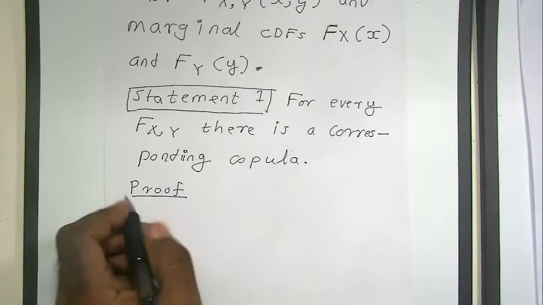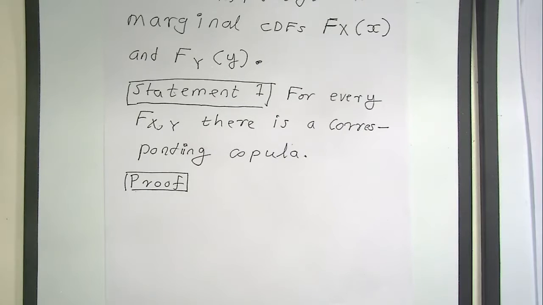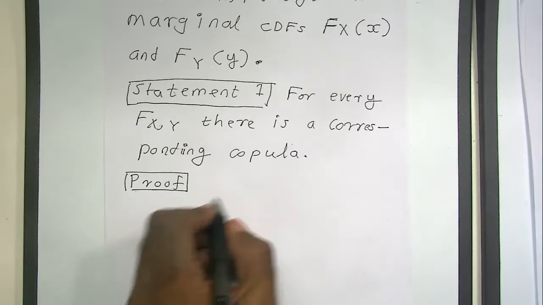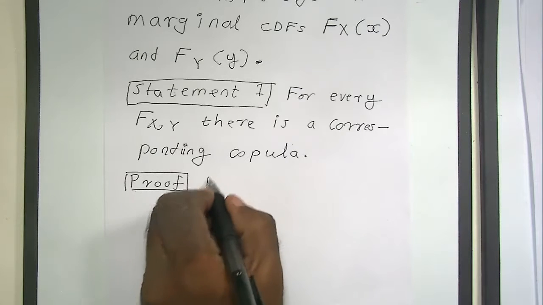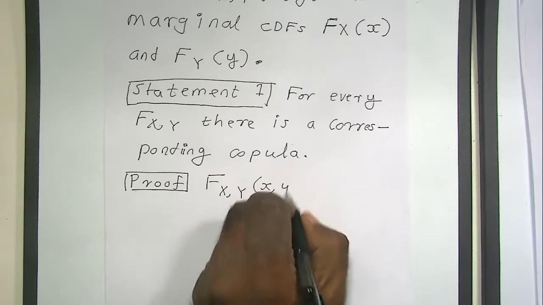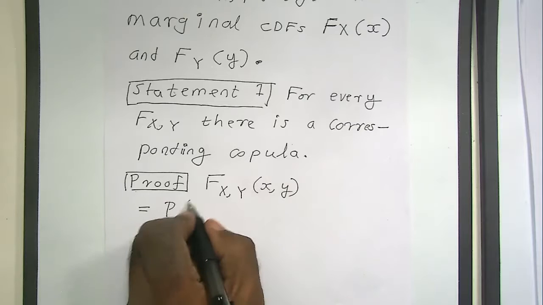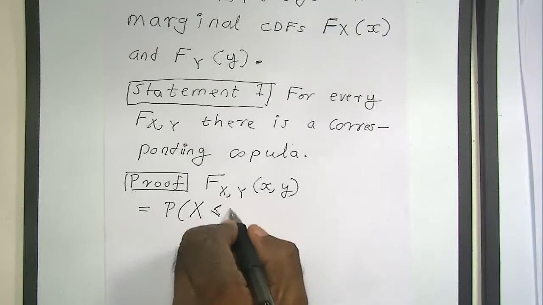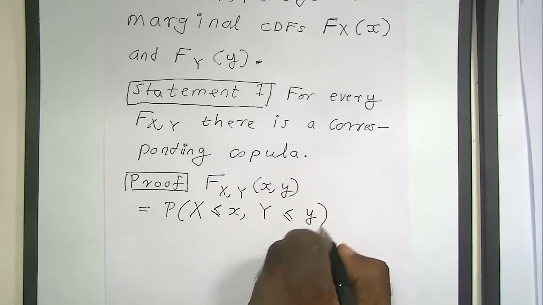To prove it, we know that F_{X,Y}, by definition, is equal to the probability that capital X is less than or equal to little x and capital Y is less than or equal to little y.